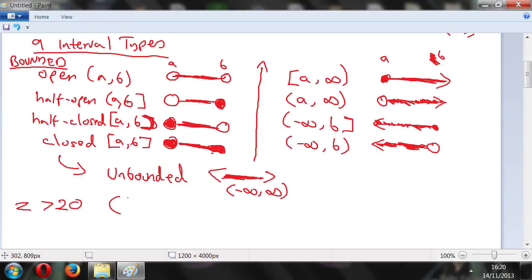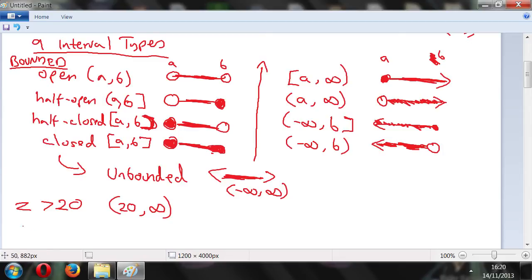Well, we're going to have an open interval on the left. So that's going to be 20, so basically 20.000 recurring and then 1, if that was possible. And then we'll have another open interval on the right because it's going to have to be up to infinity, which of course you can't get to.